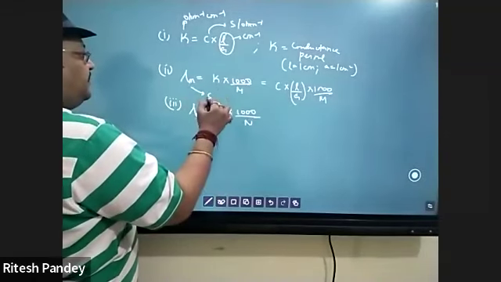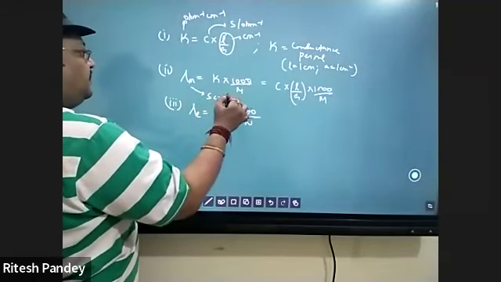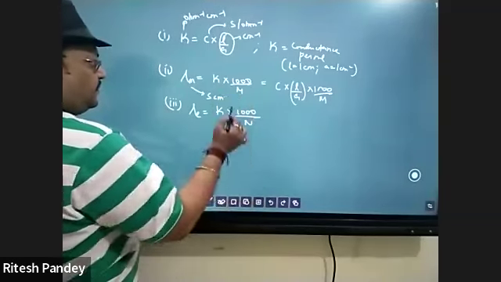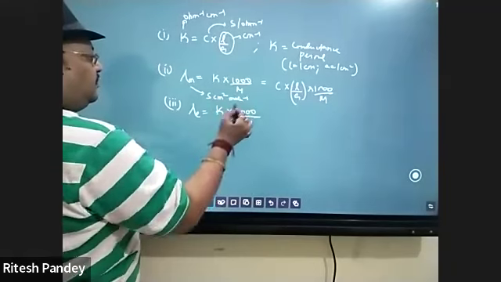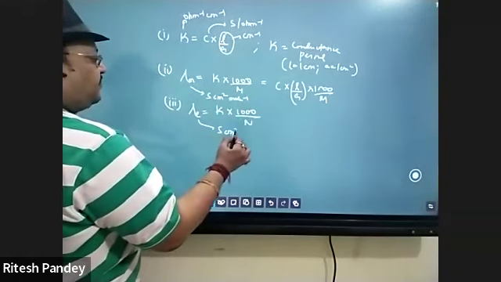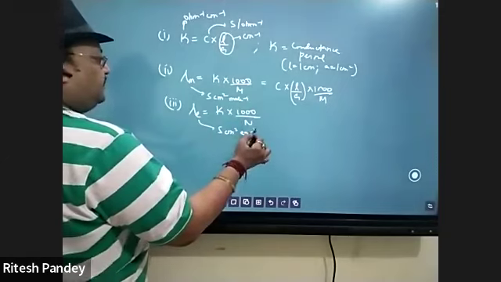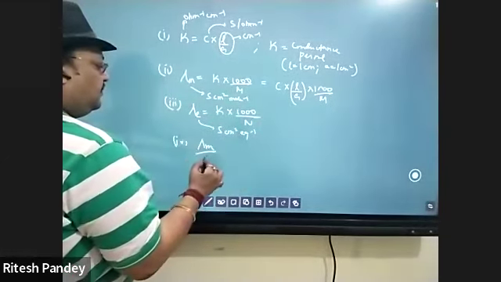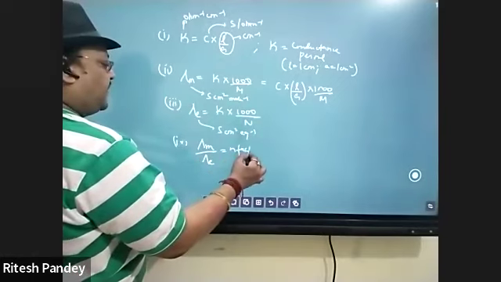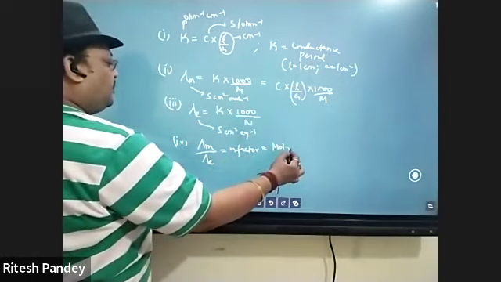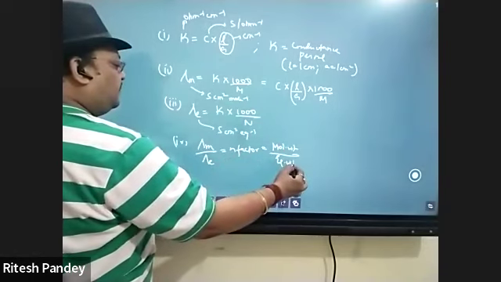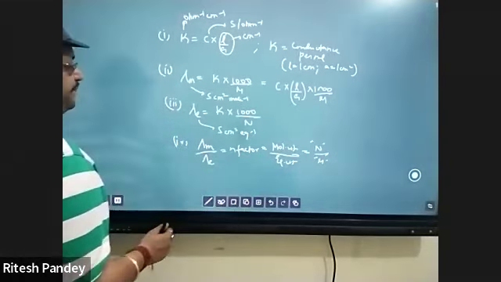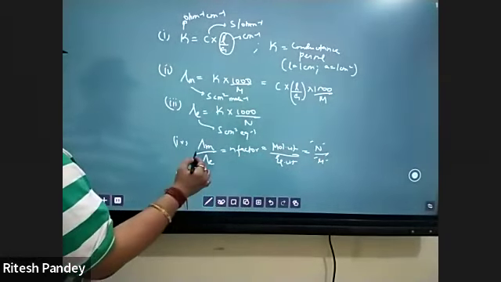Now this is Siemens per centimeter into centimeter cube, which will become Siemens centimeter square per mole. Now this will be Siemens centimeter square per equivalent. This is the so-called N factor, which is molecular weight upon equivalent weight, and in terms of molarity and normality, normality by molarity. Now, this is another fact.